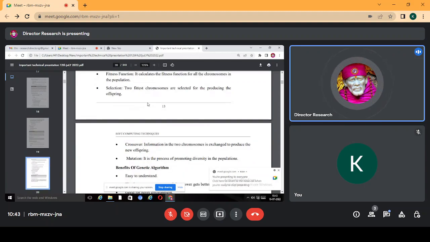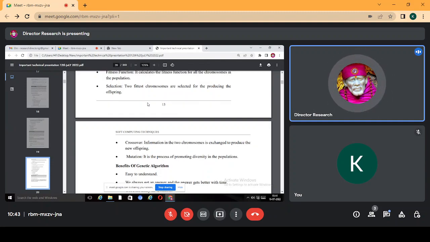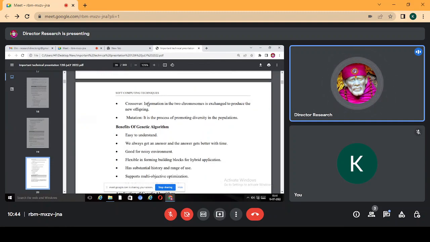Second is the fitness function, which calculates fitness for all chromosomes in the population. Selection: the two fittest chromosomes are selected for producing offspring. Crossover: information in two chromosomes is exchanged to produce the new offspring. Mutation: a process of promoting diversity in the population.